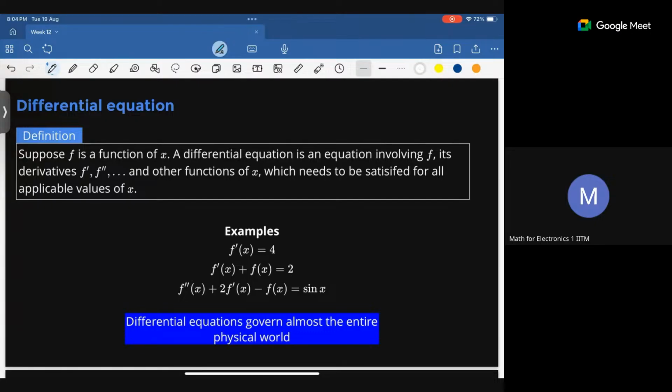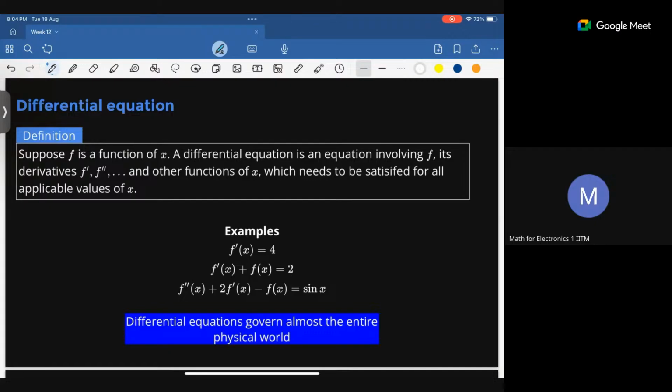So when these circuits are governed by differential equations, you should know how to solve those differential equations, and that is what we are going to teach you in this particular week. And in week 12, since this is the very first time that you are seeing ordinary differential equations, we will not be going through advanced or higher order ODEs, not even non-linear ODEs.